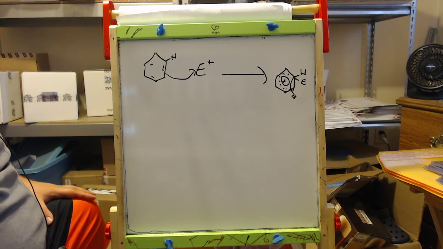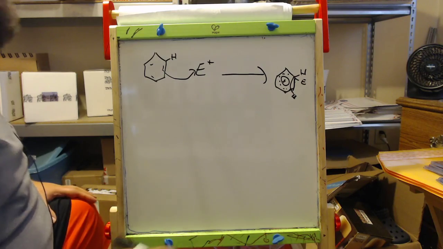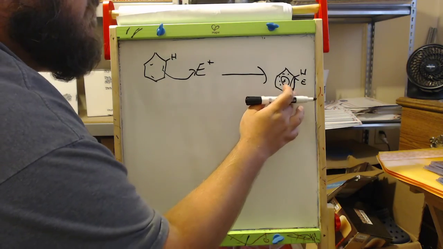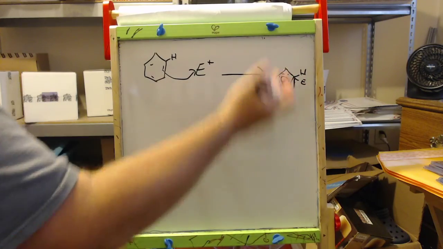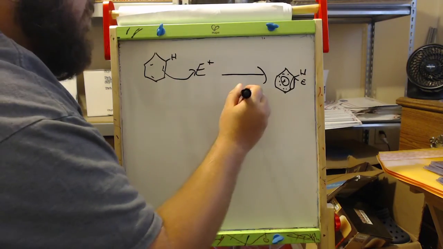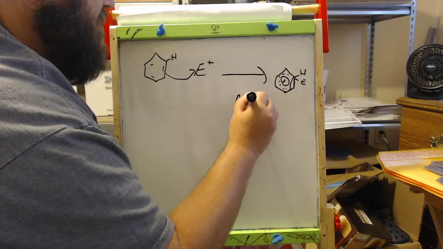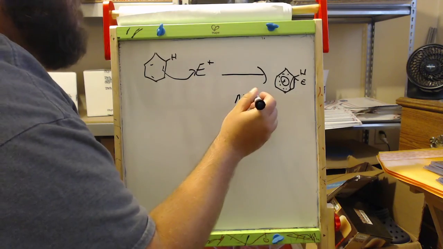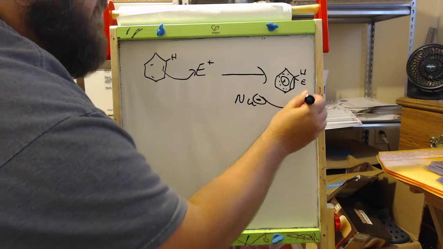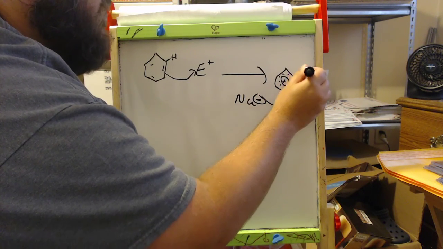After that occurs, benzene doesn't really want to be like this, so whatever nucleophile, and on the slides it's represented by Z, whatever nucleophile brought the electrophile to the party basically attacks the hydrogen.